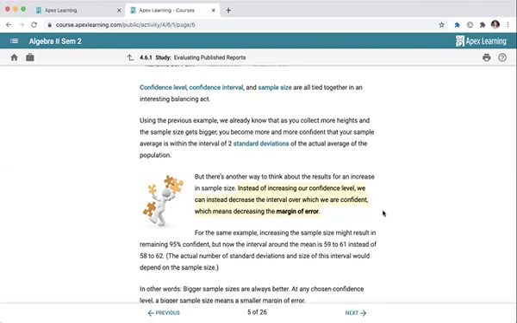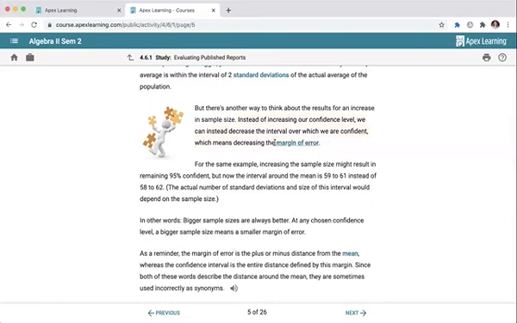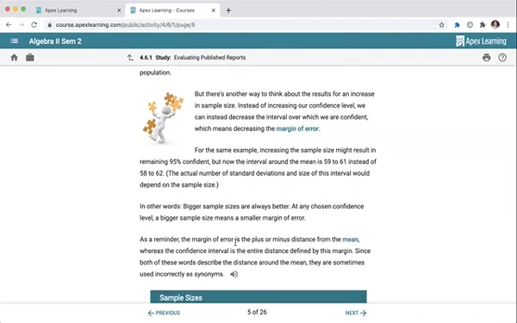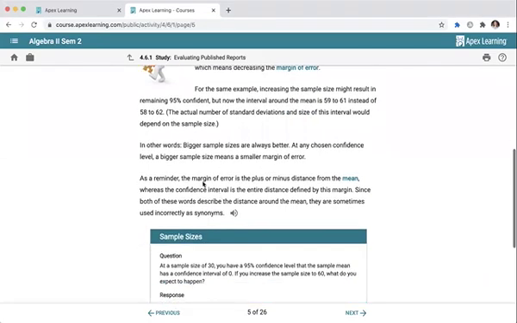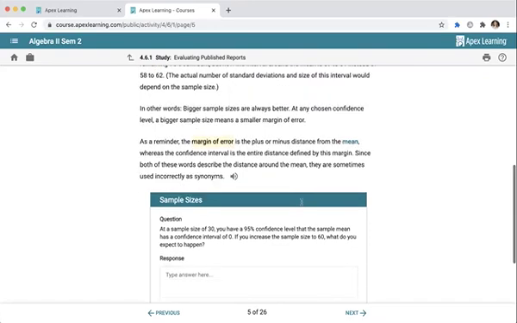We're shrinking that confidence interval, which means there's less of a chance for error, so we bring our error down. That's basically what this is saying. Margin of error is plus or minus the distance from our average value. The closer we get to an actual average and the tighter our distribution of data, the less of a chance we have for error.